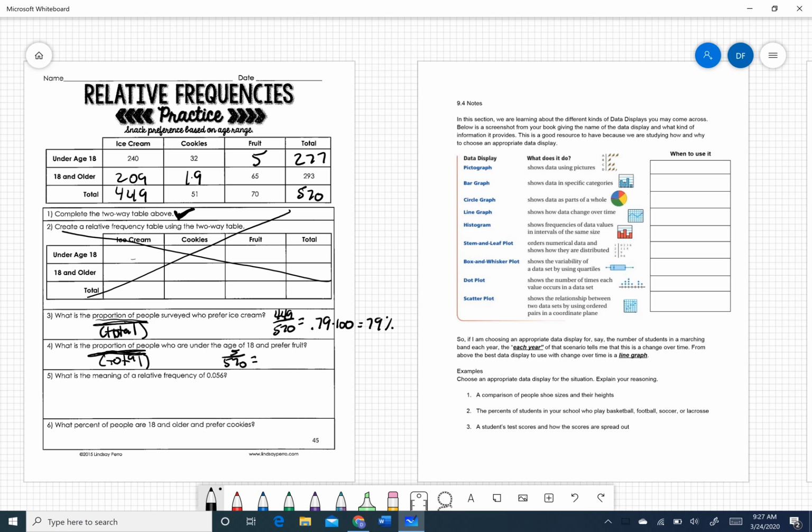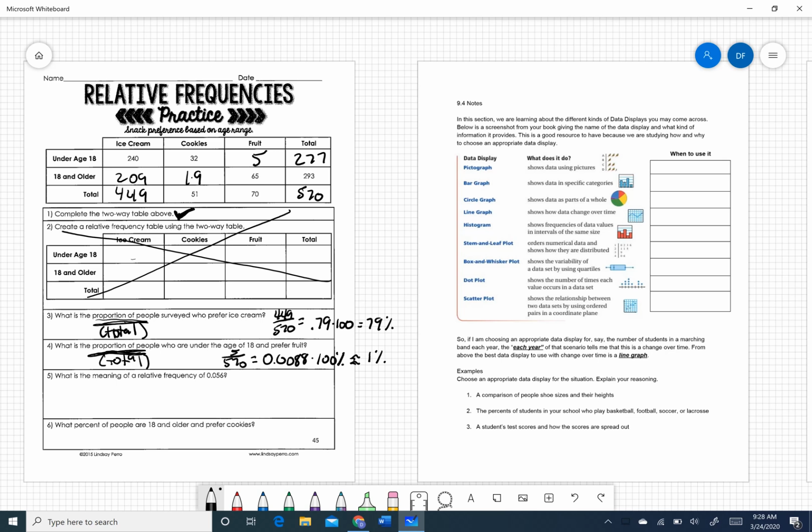When we divide that, we get approximately 0.0088, and then when we multiply that by 100, we get approximately 1% of people who are under 18 and prefer fruit.